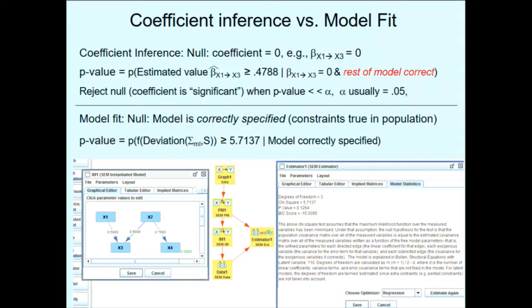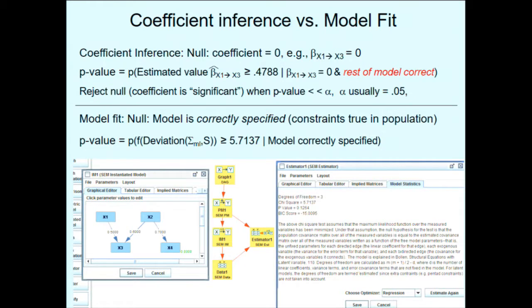The p-value for the model fit is the probability that the deviation between the estimated maximum likelihood covariance implied matrix and the sample covariance matrix, that means the difference between how we estimate the implied covariances for the model and what we observe in the covariance matrix, the probability of that deviation is bigger than the chi-square, which is the measure of that deviance, 5.7137, given the model is correctly specified.